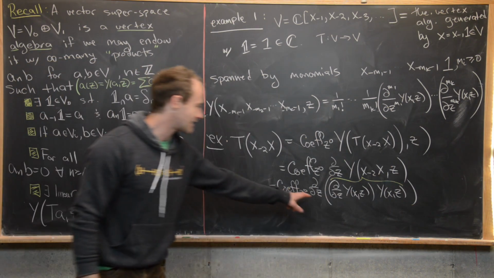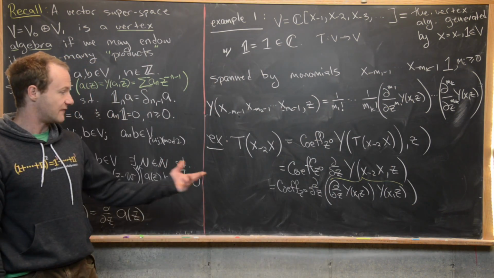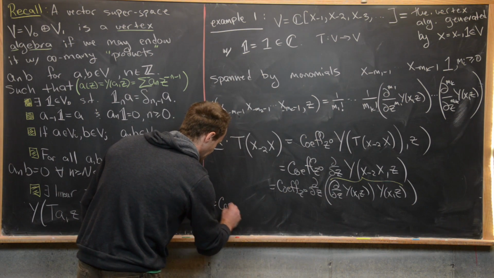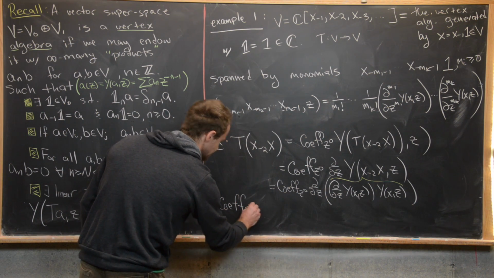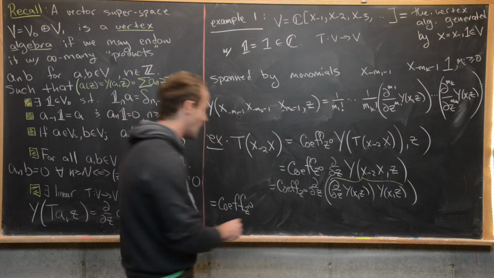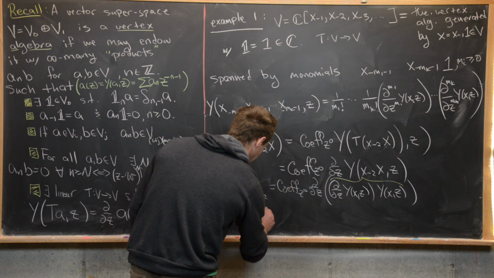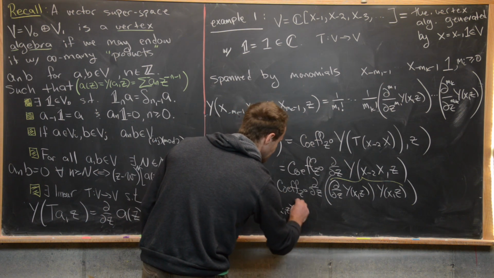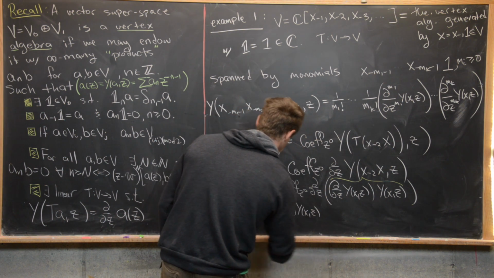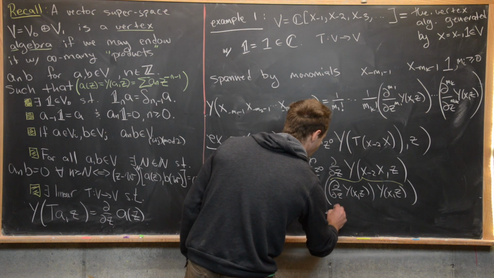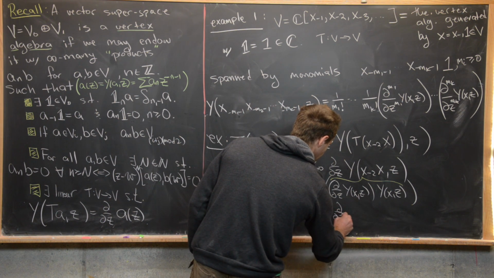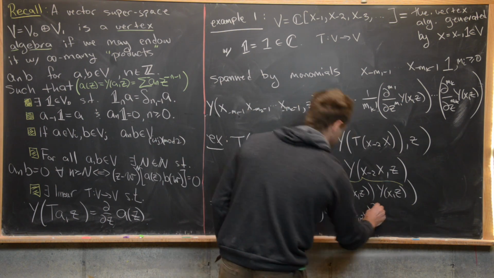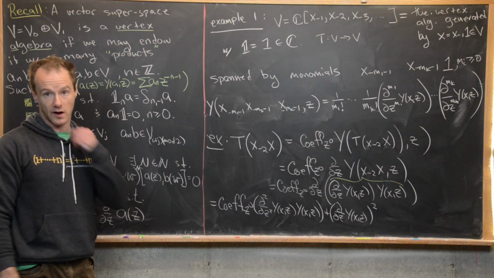Now let's take the partial derivative of this thing using the product rule. So that's going to give us the coefficient of z to the 0 of the second partial with respect to z of y x z times y x z, plus the partial with respect to z of y x z squared. Again, using the product rule there.